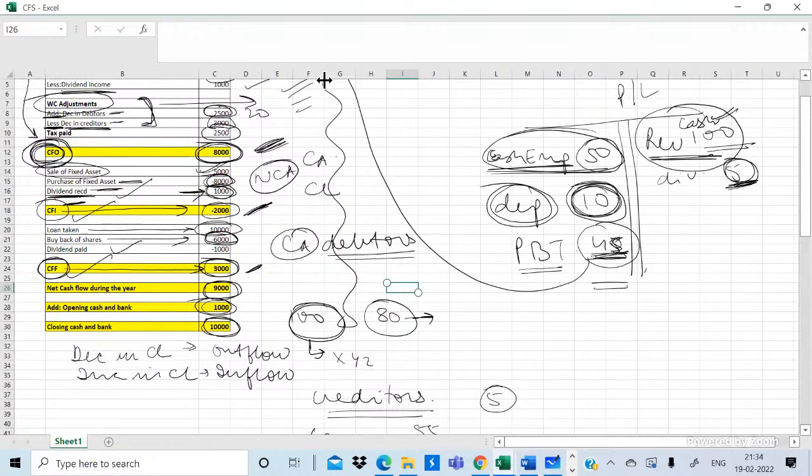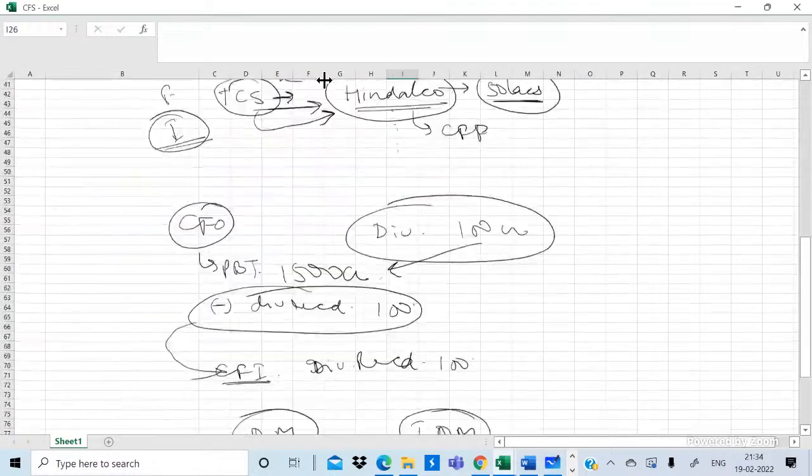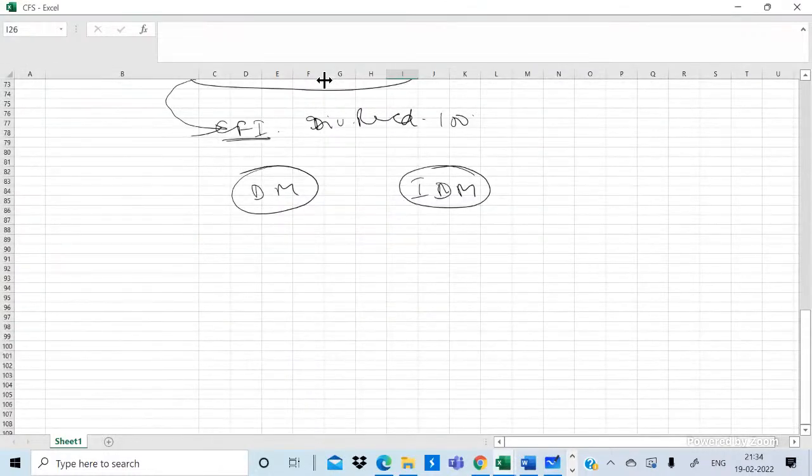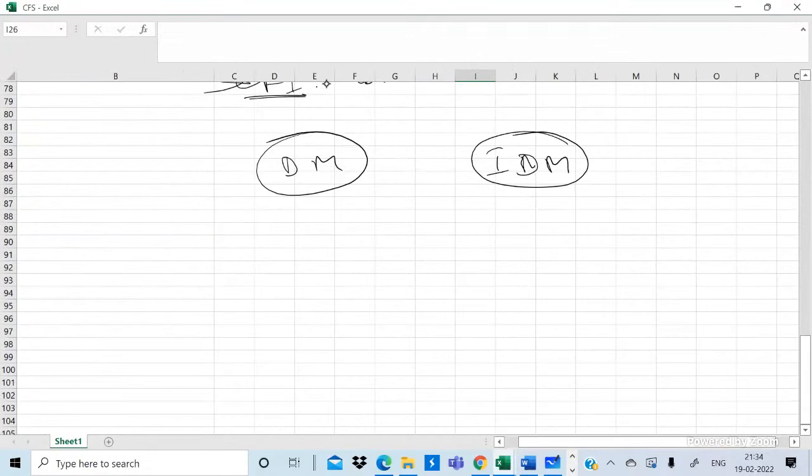Okay, fine. Let's take an example. Let's say today when you go to sleep, or let's say tomorrow when you go to office, or Monday when you go to office, you have 5,000 rupees in your wallet. So this is your opening balance.